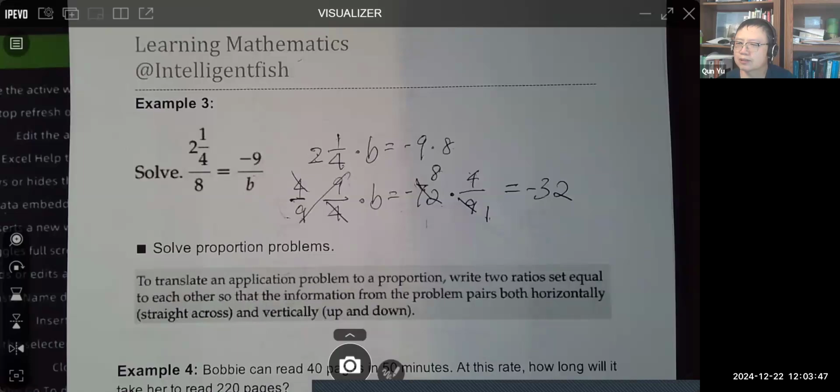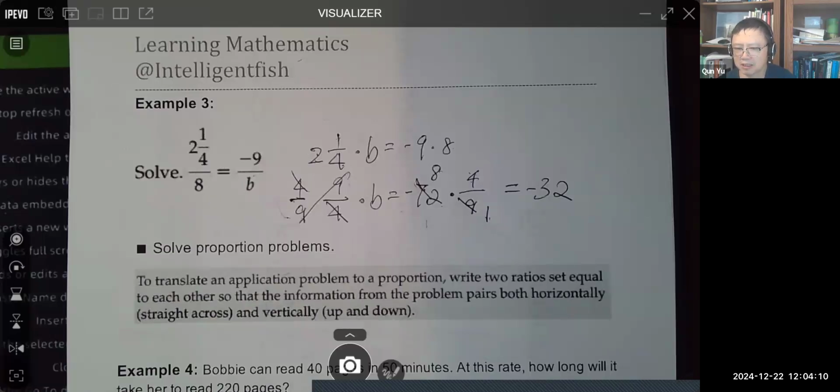But how do you know it's going to be a proportion problem in the first place, right? If it is not a proportion problem and you try to write a proportion out of it, that means you're wrong from the very beginning. You don't need to do any calculation. That is wrong already.